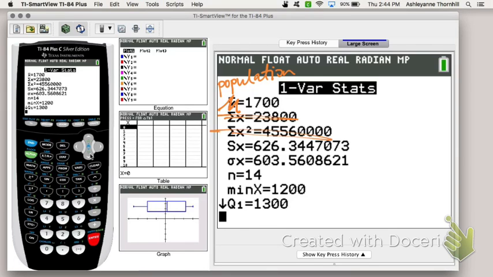Now, for standard deviation, I have two options. You don't ever use these other ones. These two are the standard deviations. The first one is for sample, and the second one is for population. You can tell because of the notation.